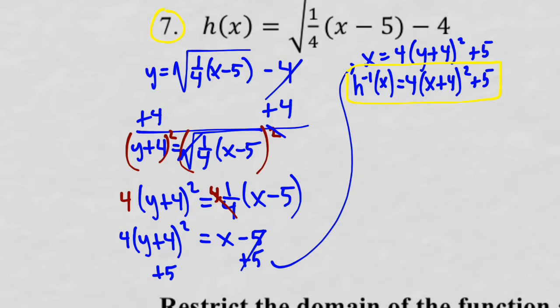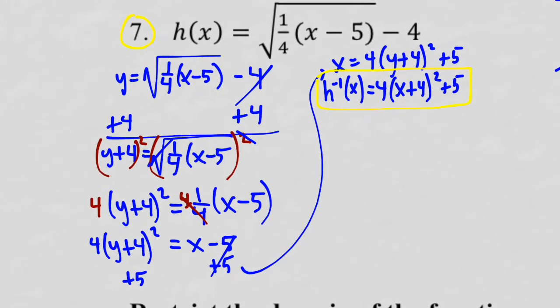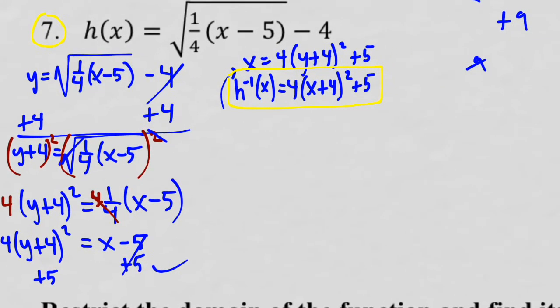Let's confirm it by plugging it in. I'm going to plug the original into the inverse. Let's see. Use this space right here. The original into the inverse. Here we go. It's going to be h inverse of h, right?